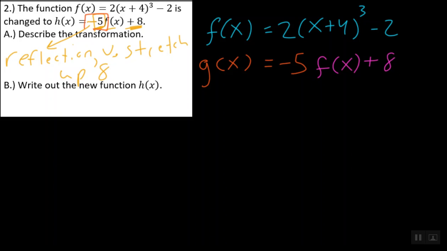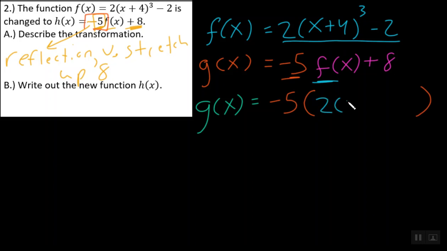Okay, so what's this going to look like? Well, my new function g of x, the very first thing I do is I take the a value and I multiply it by everything that is simply f of x. So I see that my f of x is 2 parentheses x plus 4 cubed minus 2.